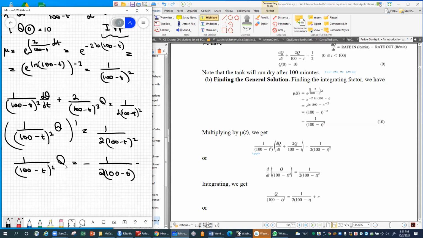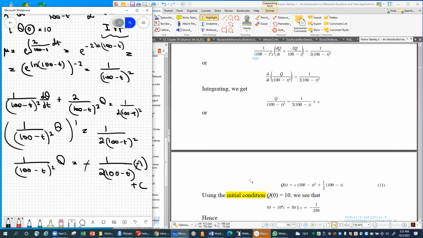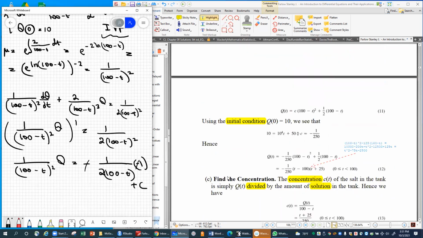But there's an extra minus 1 because it's minus t, so this minus 1 cancels that minus 1. You have this plus a constant. So we're just multiplying then. It's a bit tedious. So it's C times (100 minus t) squared plus 1/2 times (100 minus t).